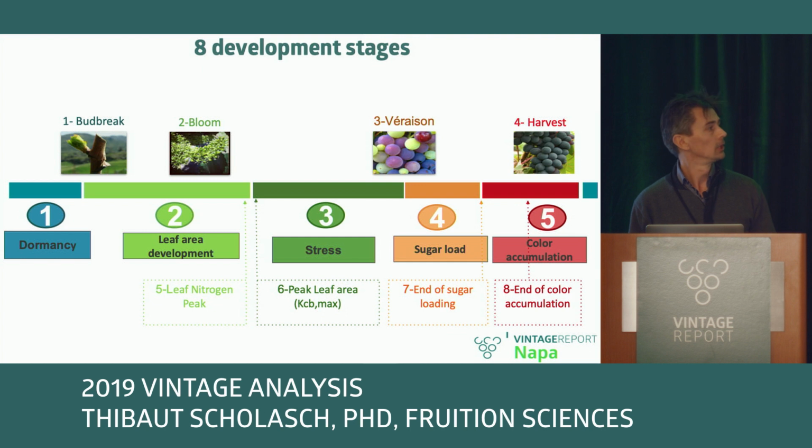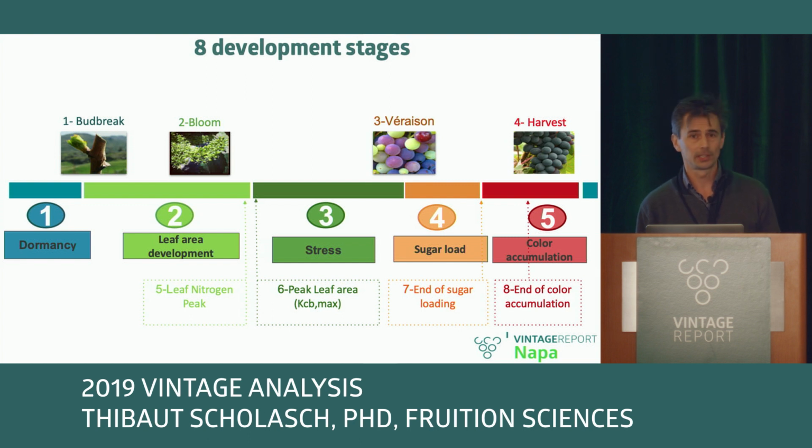largest point, which is stage number 6. Technically, in the literature, people refer to it as maximum basal crop coefficient. So looking at the timing of stage 5 versus stage 6 and how much time there is between those two will also bear some information as far as how the vintage will unfold.